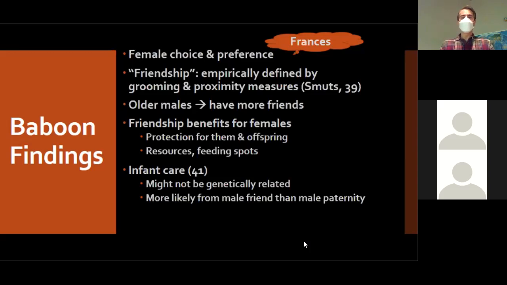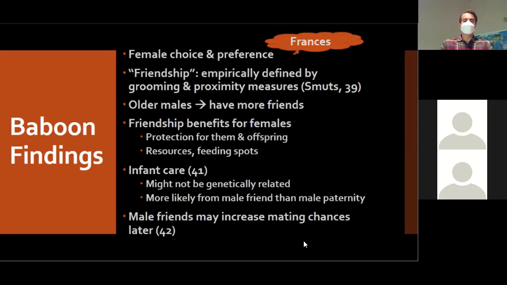Now, it can be both, and she describes how it is possible that one of the possible benefits that a male might have from being a friend to a female is that it may increase their chances of mating later on. But crucially, during this time of infant dependence, it's a friendship relationship which is more likely to influence infant care and protection than it is a paternal or genetic paternity relationship.